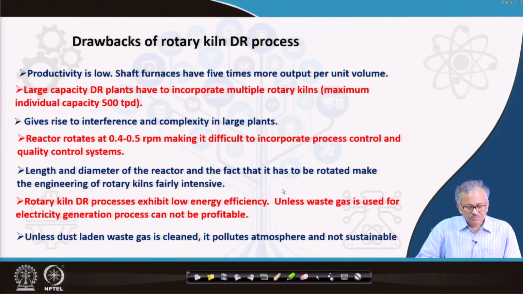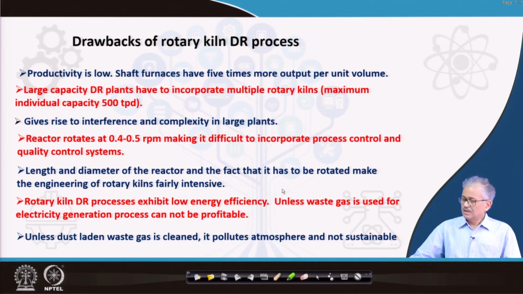Another very major problem of the rotary kiln furnace is the dust laden waste gas. This dust laden waste gas has to be handled properly, because otherwise it pollutes the atmosphere significantly and is not at all sustainable. Whatever dust is coming out, you have to clean it.